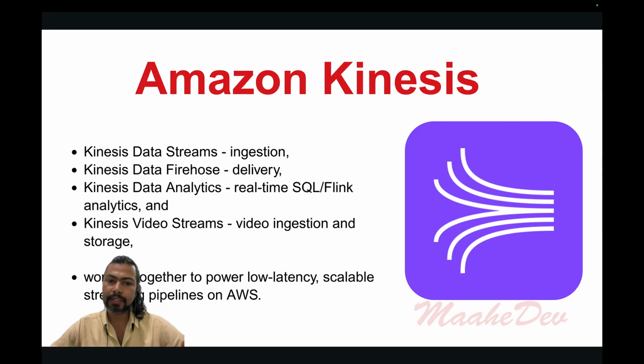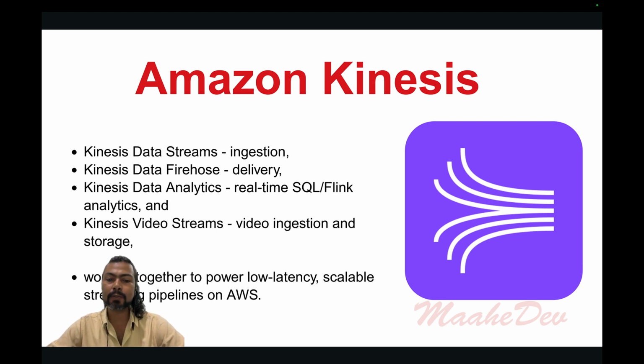So Kinesis Data Streams is for ingestion. As I mentioned, various machines and IoT devices which have a lot of data coming in directly, it's where we use Kinesis Data Streams. Next is Firehose, to deliver the data to transform or to pass on to some other service. Data Analytics: whatever data is coming in from the streams, we can run real time or near real time analytics on that data using SQL or Flink.